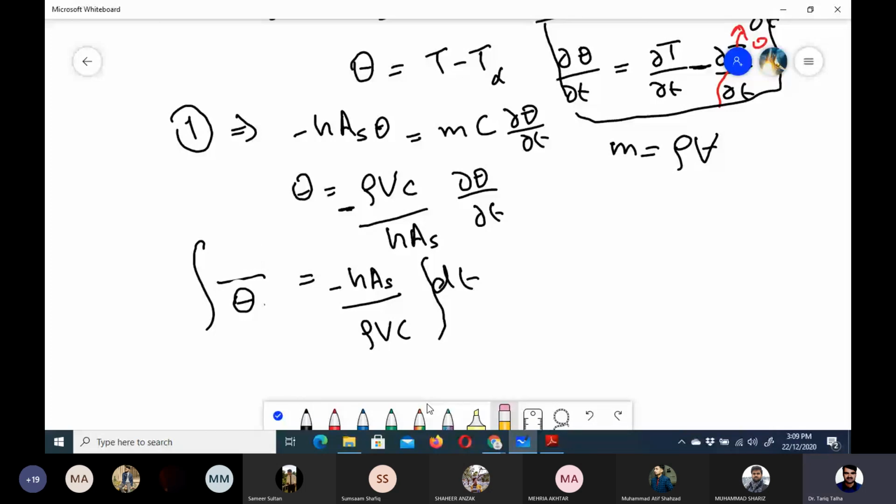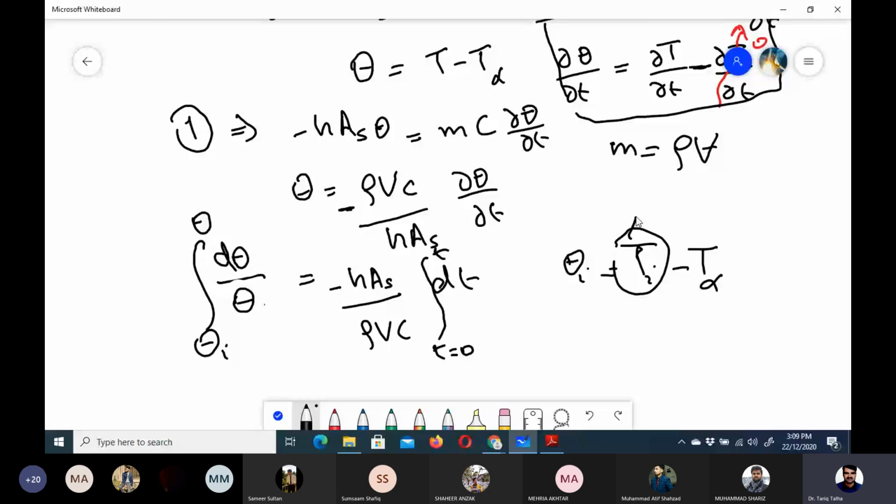So the limits would be from time t equal to 0 to some time t. For that we would have the limits theta I to theta, where theta I is basically T of I minus T of infinity, where T of I is the initial temperature of this object when it is put into that water. And theta is at some other time t, the temperature as a function of time minus T infinity.